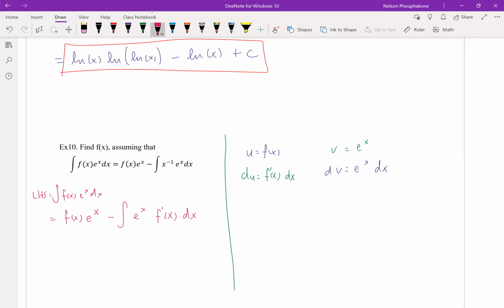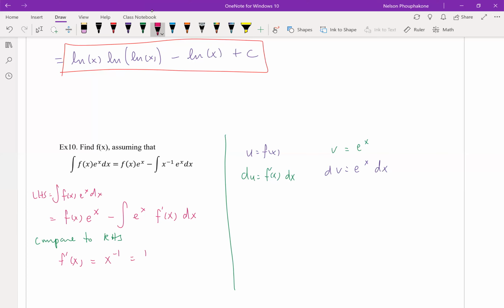Then if we compare to the right hand side, we find out that f prime of x is equal to x to the negative 1.